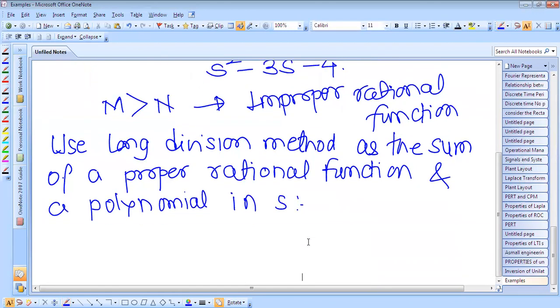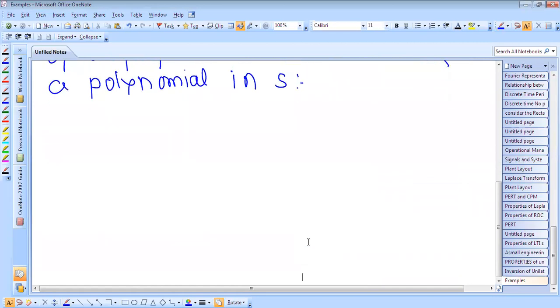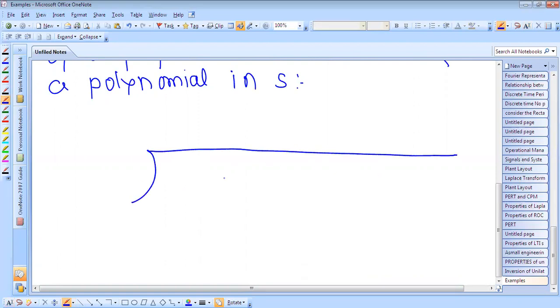As we have concluded that this is an improper rational function, we have to use the long division method. Therefore, the given transfer function can be written using long division.